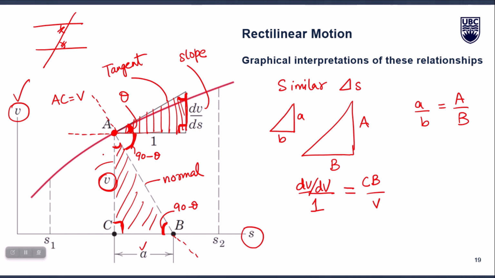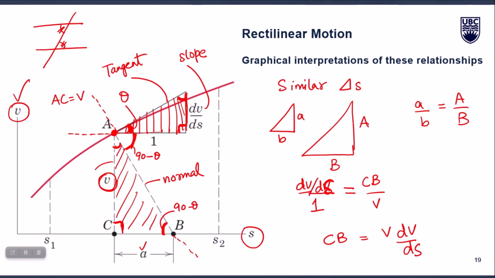So I simply equated the ratio of corresponding two sides for the small triangle to the large triangle, and this relationship will give me CB is equal to V times dV by ds, right? So CB will be equal to V dV by ds, right?